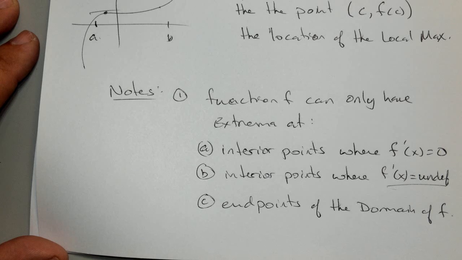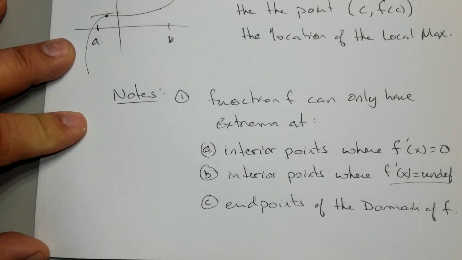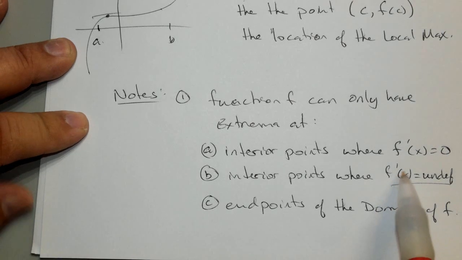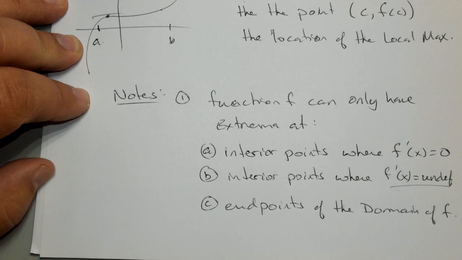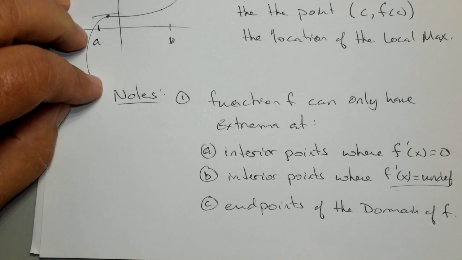What does number 2 mean? What does B mean? Points where the function is undefined. What is the process of finding f prime? How do we do it in chapter 1?